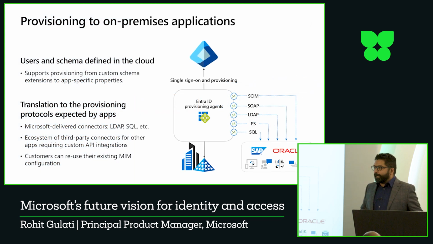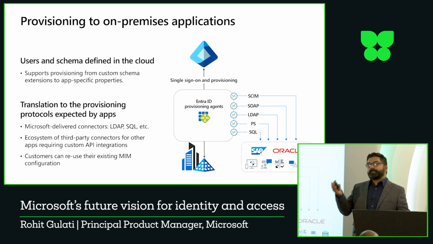Another thing I would like to call out, you may still have applications on premises. Those applications may still need accounts to be created on premises. How do you make sure that the account that was created in the cloud directory is provisioned downstream as well? For that, we have a feature called the ECMA host agent. Some of you might be using MIM or ECMA connectors in your setup.